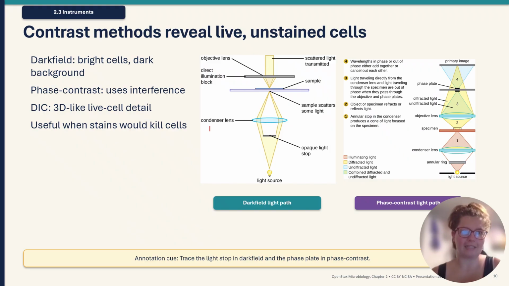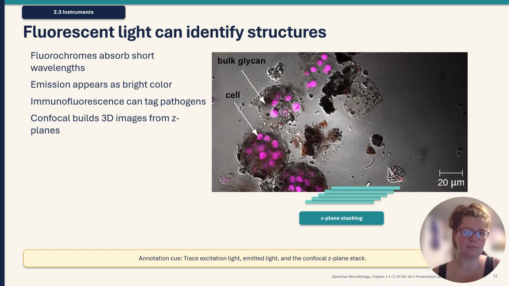That's the 3D cell. And here is a perfect example of the fluorochromes. They glow pretty colors, I think.